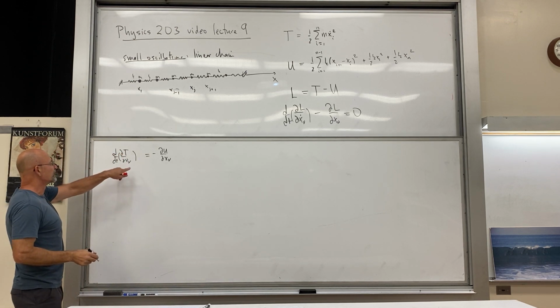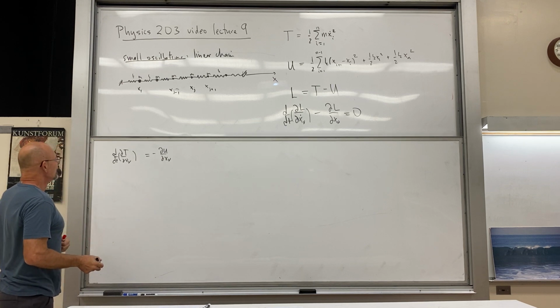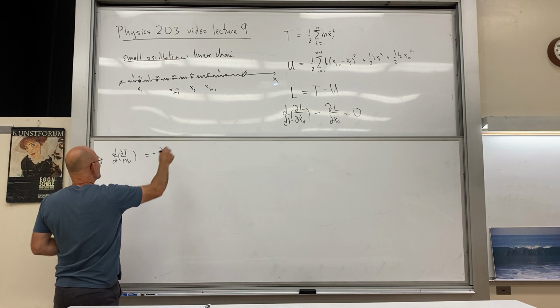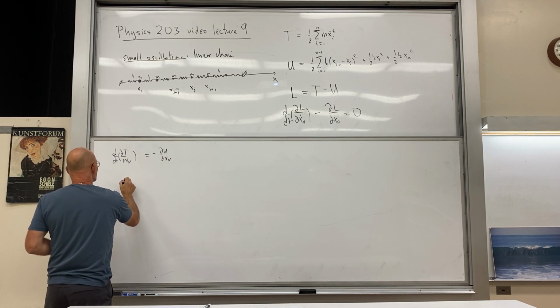And of course, when you put it that way, you see, this is Newton's law, right? So let's go ahead and write this out. We have m x of nu second derivative.